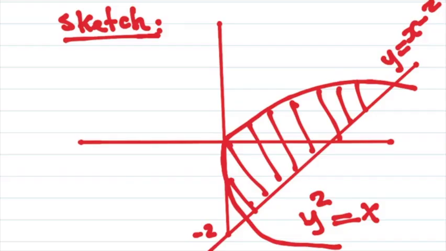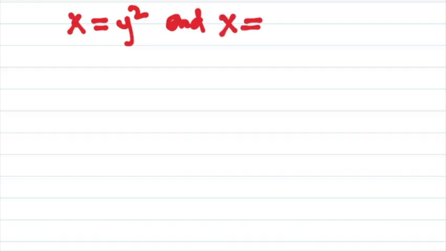So we need to find the coordinates here, the x and y. So we have to equate the functions. Say we have x is equal to y squared and x is equal to y plus 2.